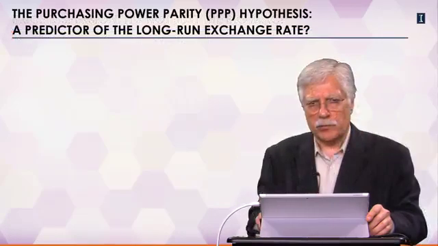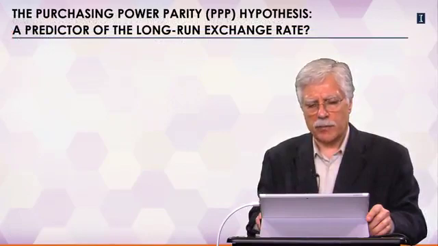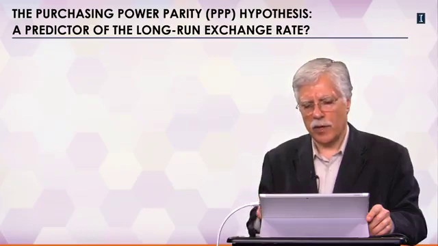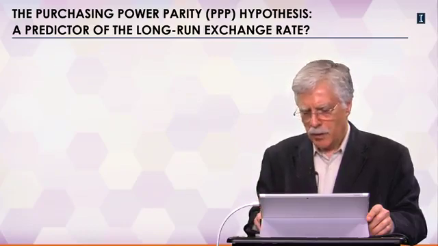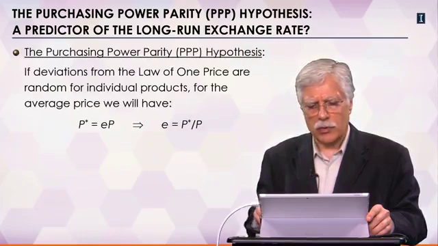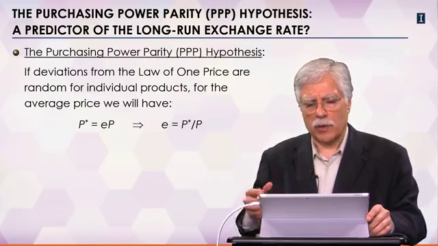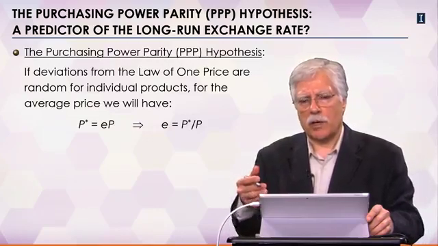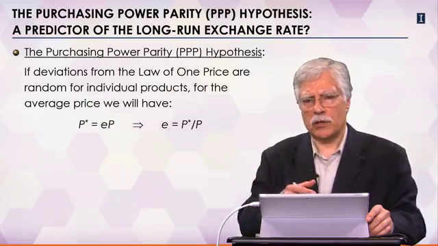So the law of one price doesn't help that much, but that doesn't mean that it's not very helpful in understanding the exchange rates. This is why. Maybe it's true that the law of one price does not hold, but the deviations from the law of one price could be random. Some products are in abundance in some countries but short in other countries.